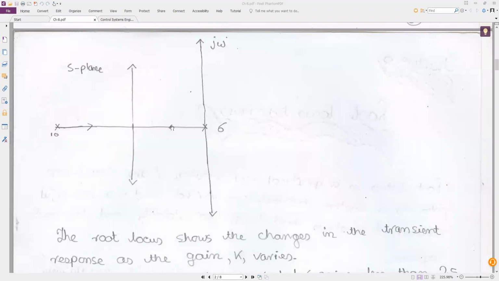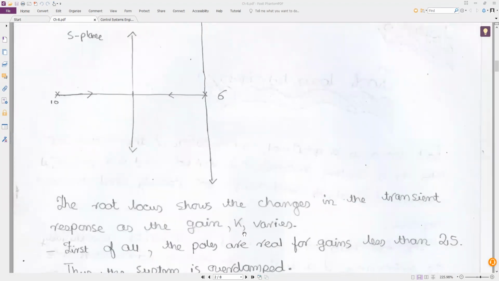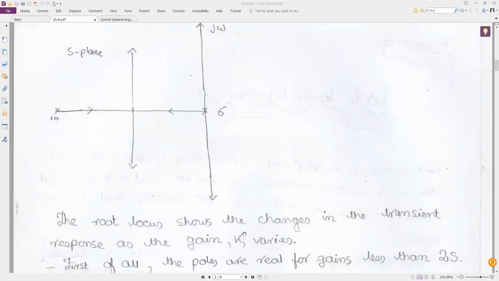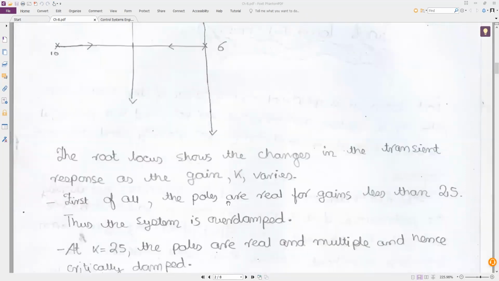So that is the explanation. Here we put the poles. You see, the root locus shows the changes in the transient response as the gain K varies. If we vary the gain K, then the transient response will change. First of all, the poles are real for gains less than 25.